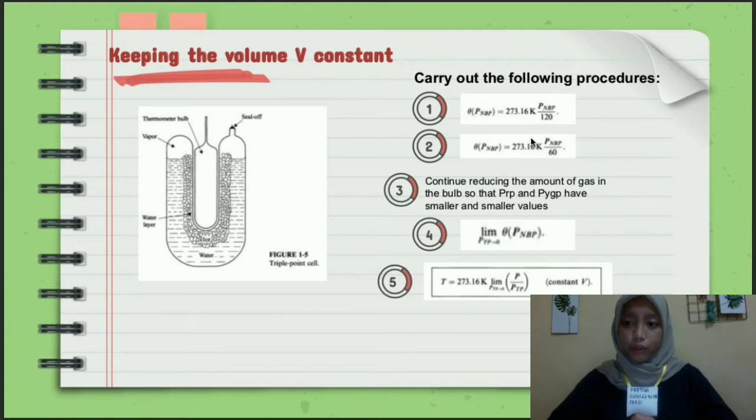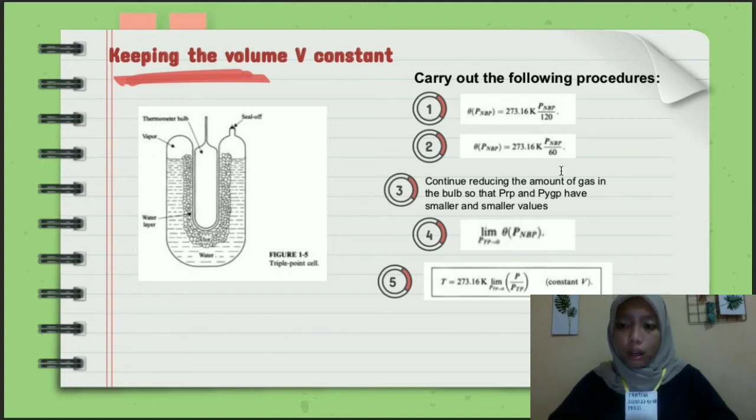And the third procedure is to continue reducing the amount of gas in the bulb so that PTP and PNBP have smaller and smaller values. And the fourth procedure is to plot theta of PNBP against PTP and extrapolate the resulting curve to the axis, where PTP is 0, so we have the equality of the limit.